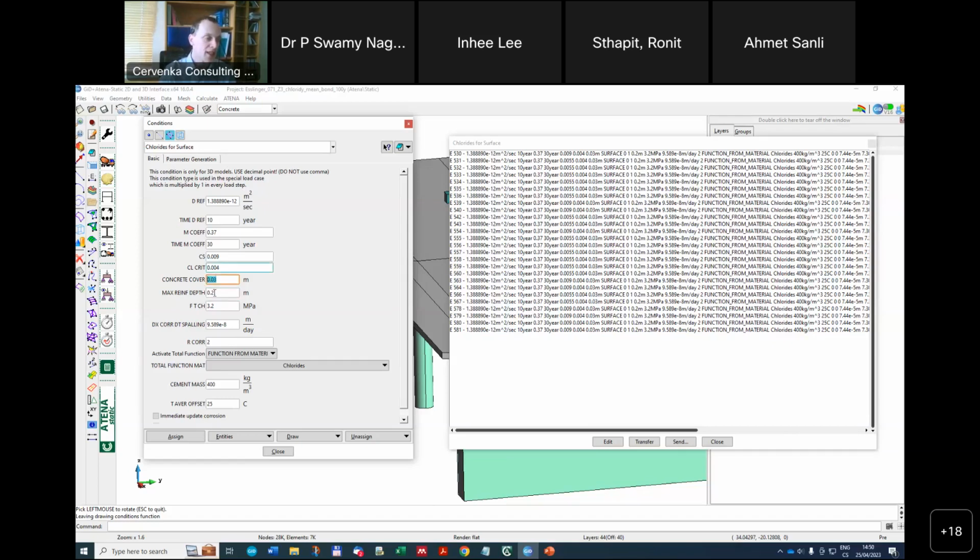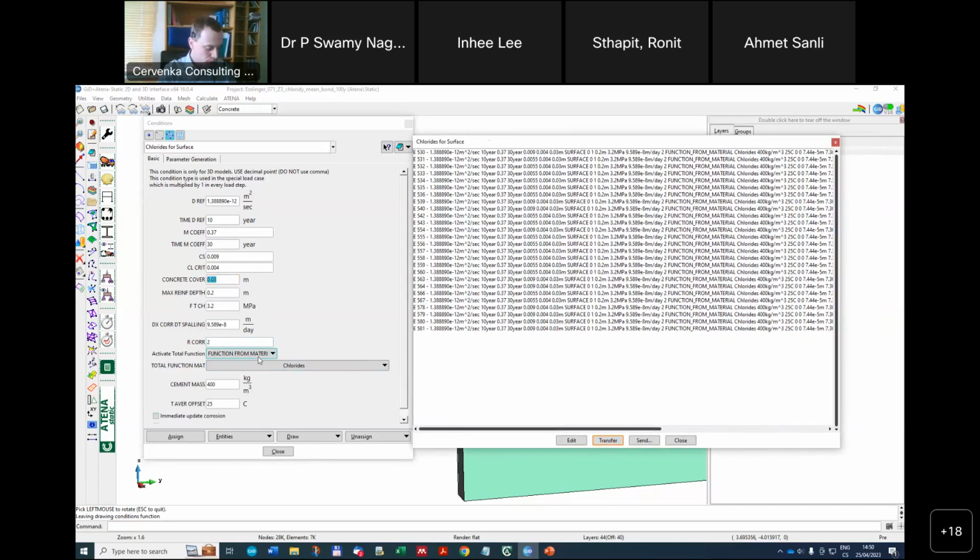You input it here, and then in the post-processor you can see how the chloride concentration develops at the depth given here. For the reinforcement, the depth is automatically calculated, and when the chloride concentration exceeds the critical value at the position of the reinforcement, the corrosion process is started.